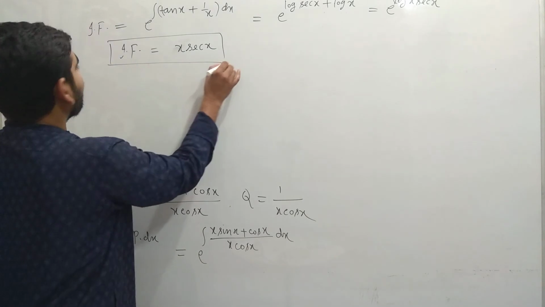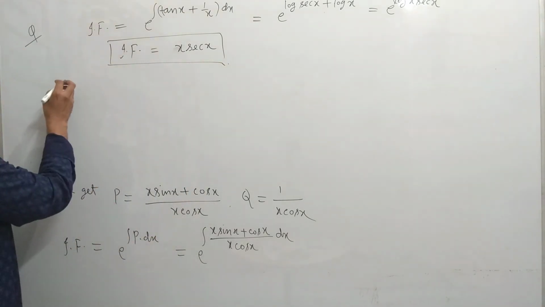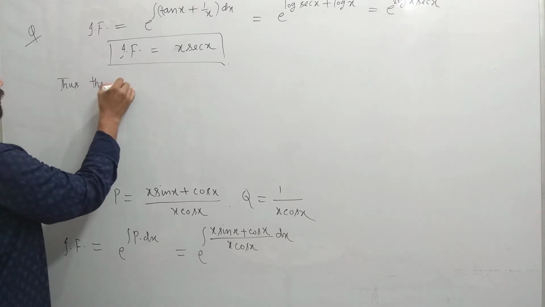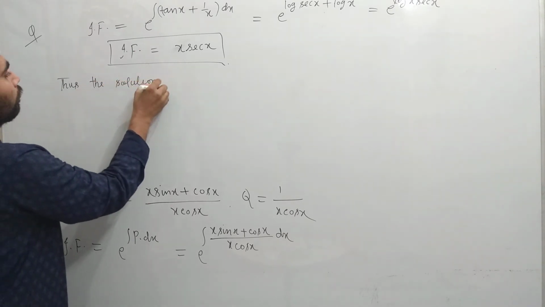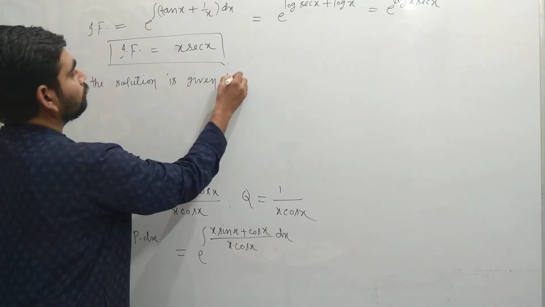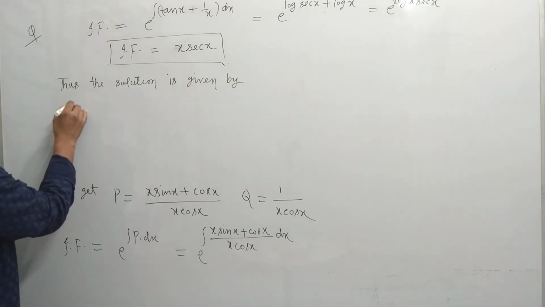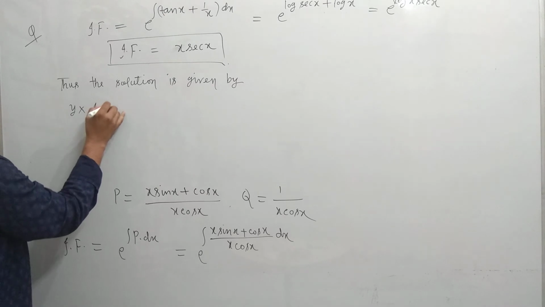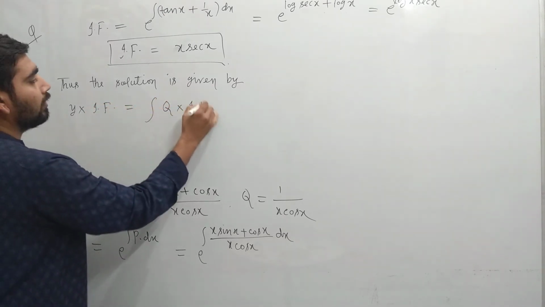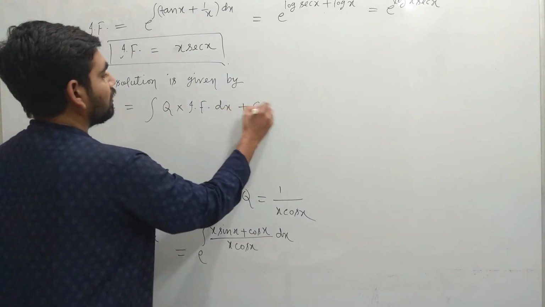Now when we have found out the integrating factor, we will write the solution. Thus the solution is given by y into integrating factor equals to integration of q into integrating factor dx plus c.